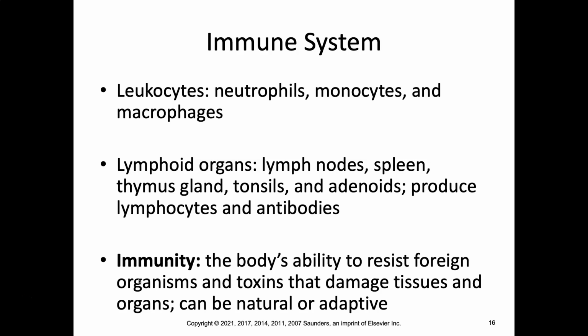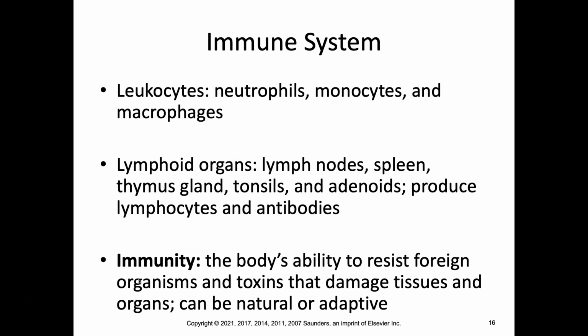You have lymphoid organs: your lymph nodes, spleen, thymus gland, tonsils, and adenoids. Where did we talk about tonsils and adenoids? That was way back in the digestive chapter, remember? Those produce lymphocytes and antibodies. And so those are all part of your immune system. Your immune system is not only your lymph system, it's a little bit of blood and lymph, and that's why these chapters are together in week 6.